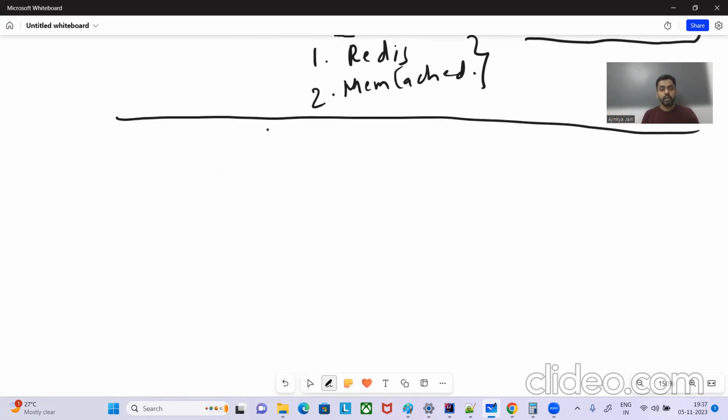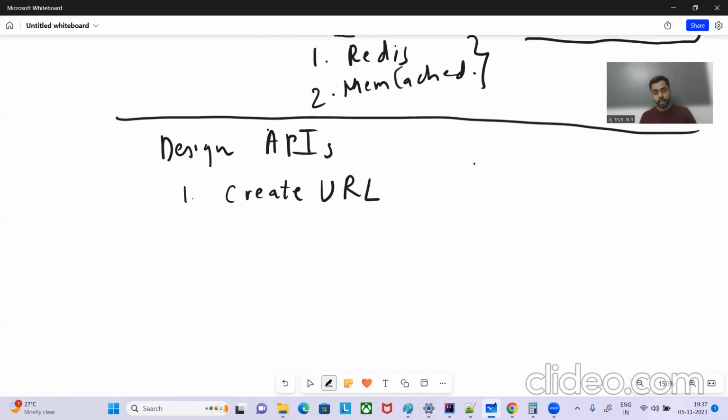So let's now design the APIs which will be exposed by the system, which third-party users can use. One API would be create URL.